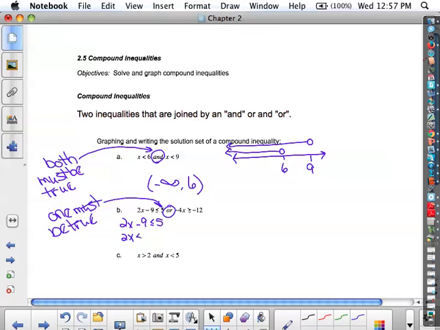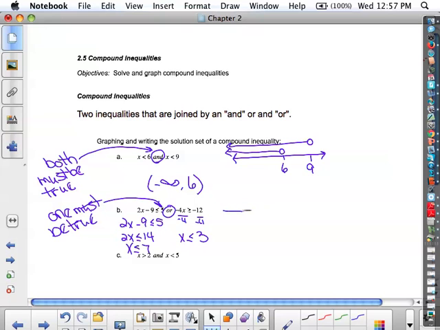So 2x is less than or equal to 14. So x is less than or equal to 7. And on the other side, I'm going to divide by negative 4, and that's going to give me that x is less than or equal to 3. Don't forget, multiplying or dividing by a negative number causes you to reverse that inequality symbol.